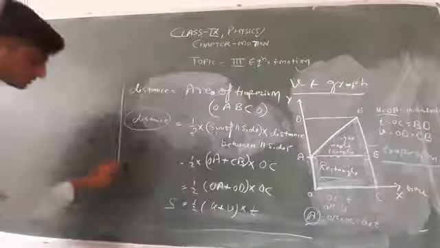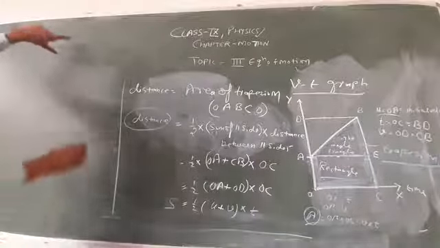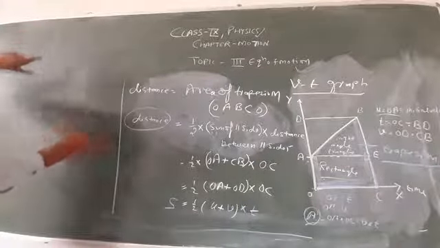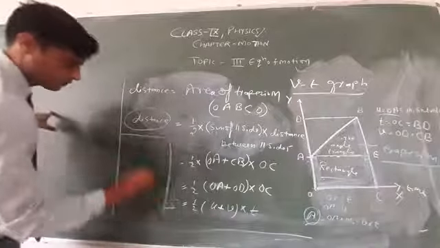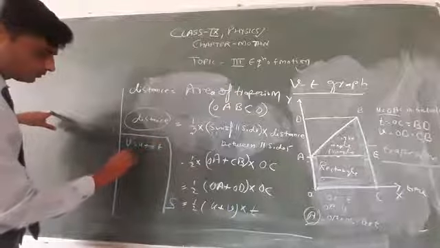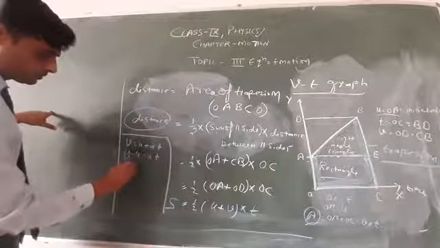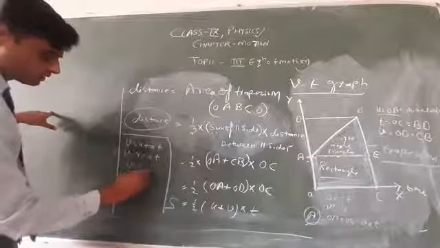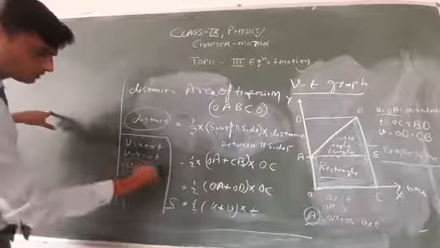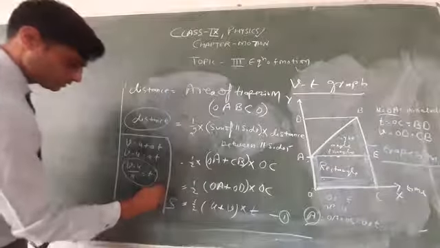Now by the first equation of motion. What is the first equation of motion? v is equal to u plus at. So v minus u is equal to at. It means t is equal to v minus u upon a. This is equation first and this is equation second.